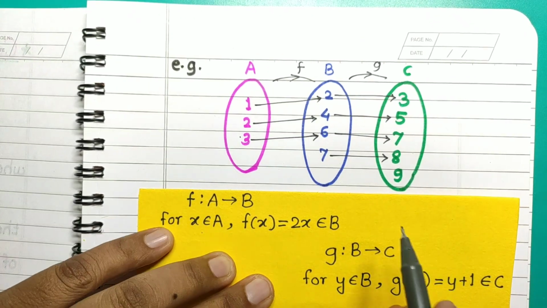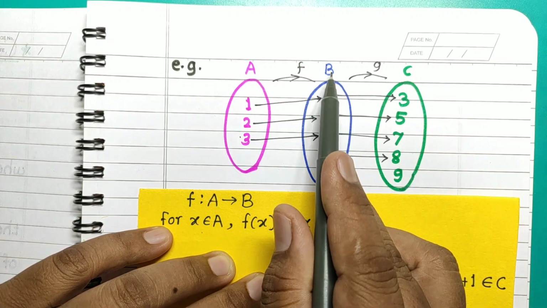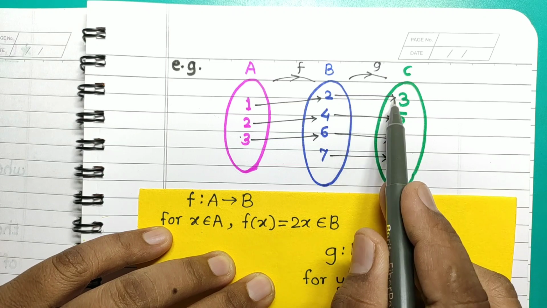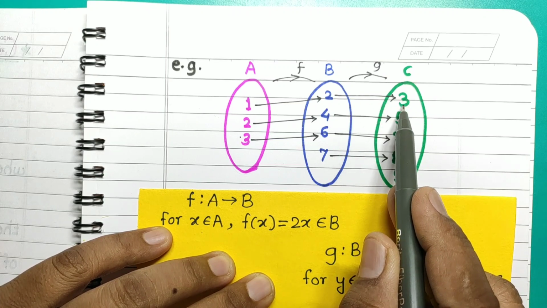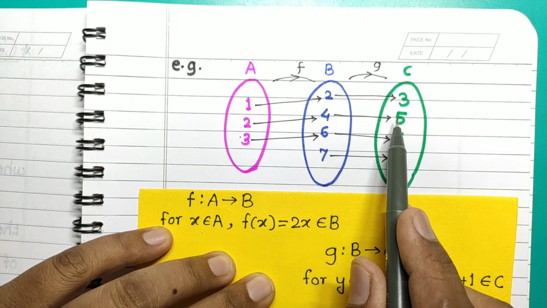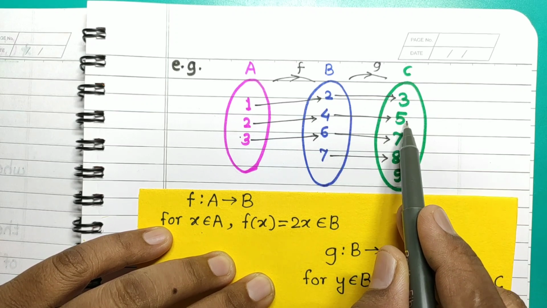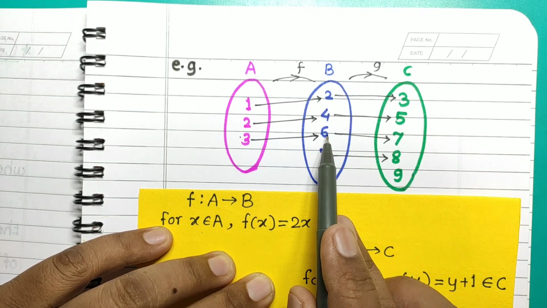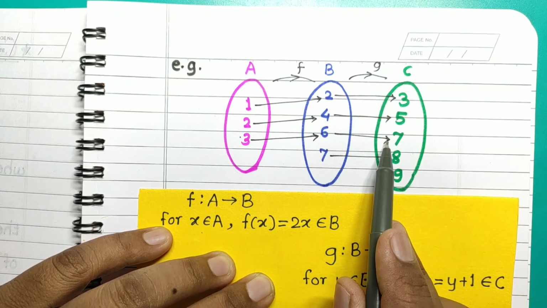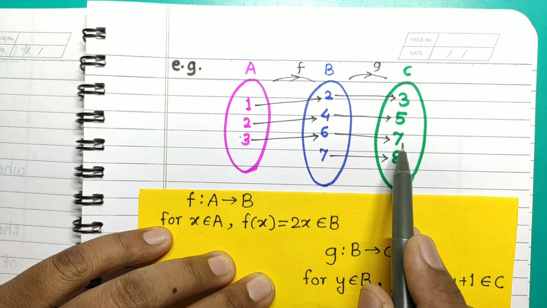That means for element 2 in set B, its image under function g is 2 plus 1, which is 3. For element 4 in set B, its image is 4 plus 1, which is 5. For element 6, its image under function g is 6 plus 1, which is 7.